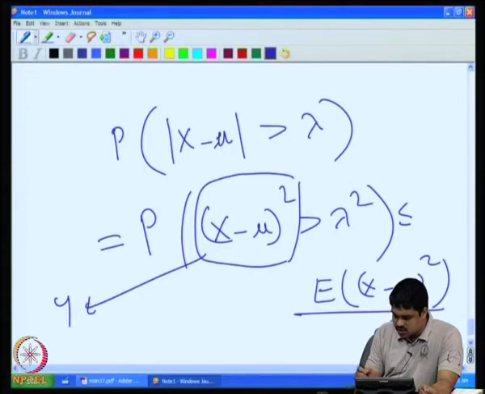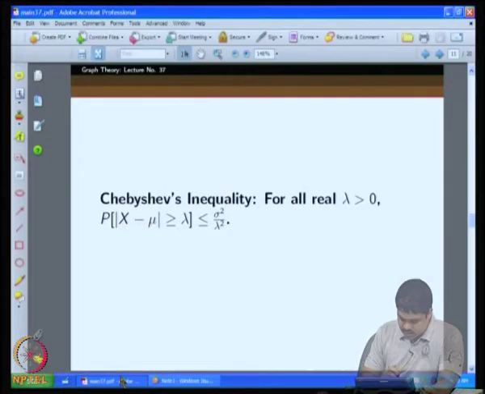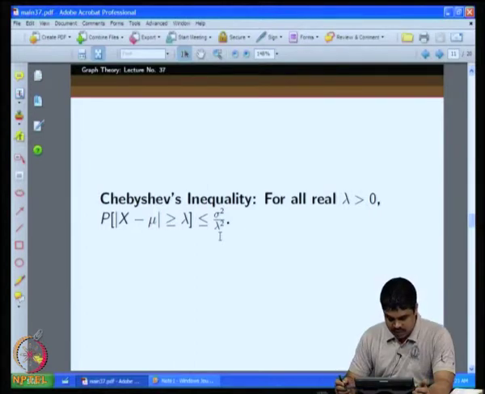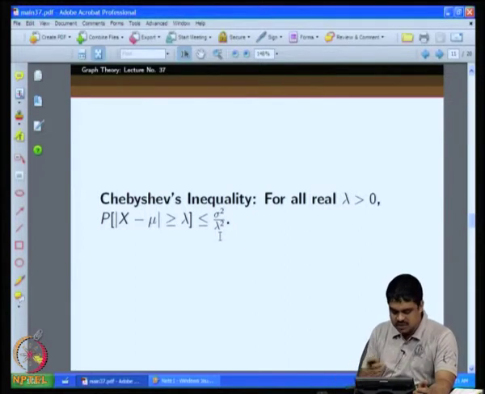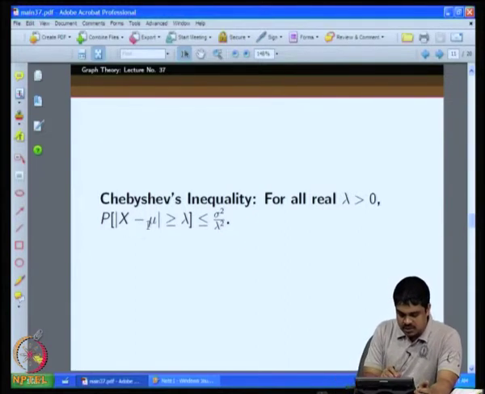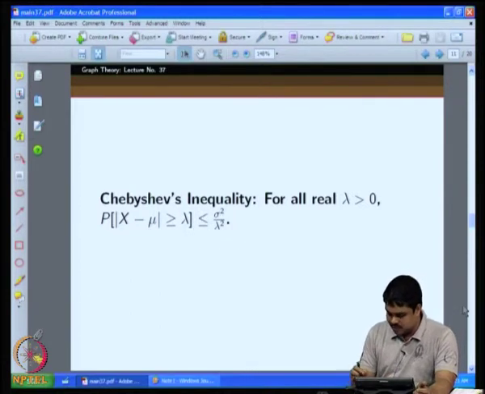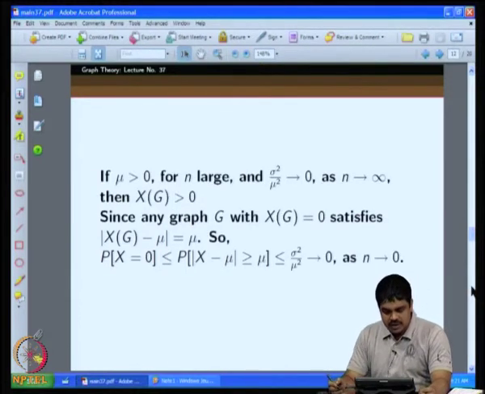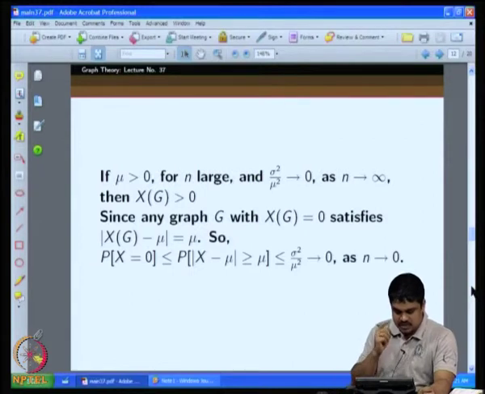But this is essentially sigma square. So, we get sigma square by lambda square. This follows immediately from the Markov inequality, just substituting. We are just considering the new random variable, instead of x, we are taking (x minus mu) whole square. So, this becomes lambda square, and because the expectation of (x minus mu) whole square is sigma square, this will come. Anyway, so these are all tools from probability theory.